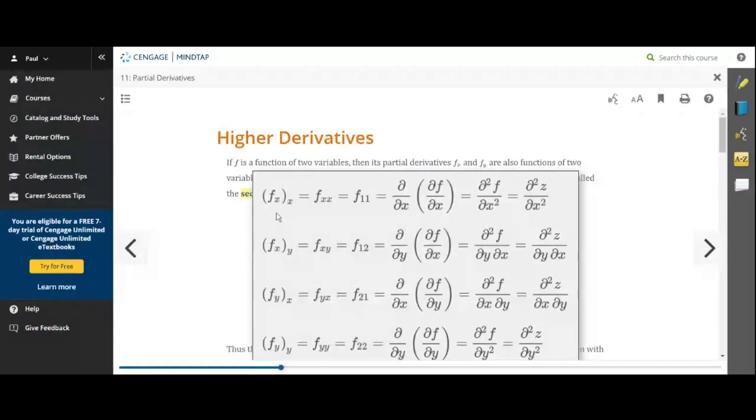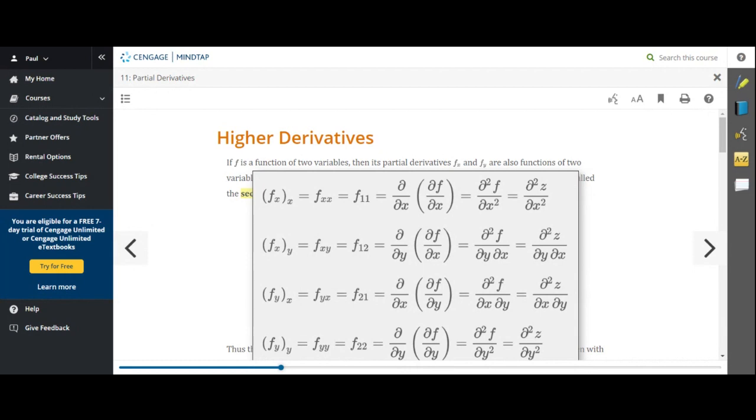so in the first line here, and I think you can see it pretty well, f sub xx, that's Newton's notation for second derivative of f with respect to x, second partial derivative with respect to x. That would be concavity in the x direction.